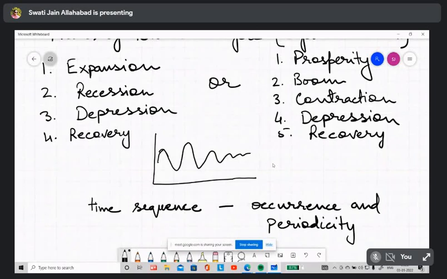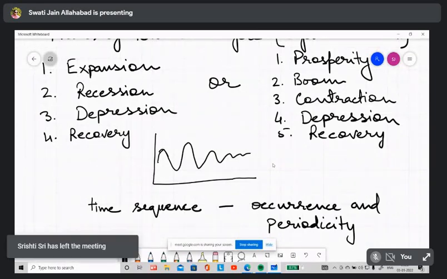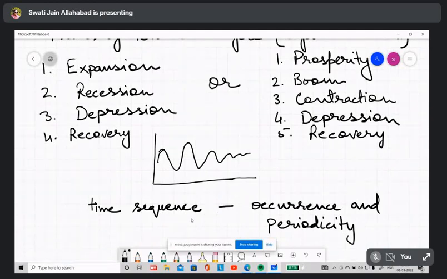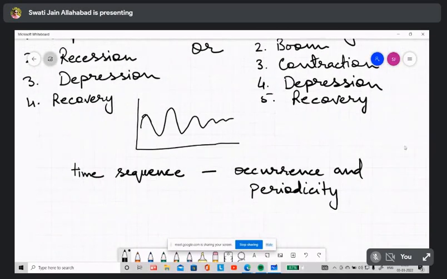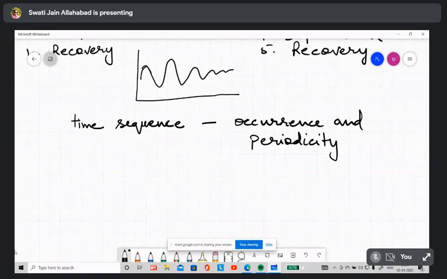Then the depression came and it remained for a longer time. Over time, such sudden changes were continuously taking place in the economy. So there is a time sequence for the business cycle. And then there are turning points in the business cycle.